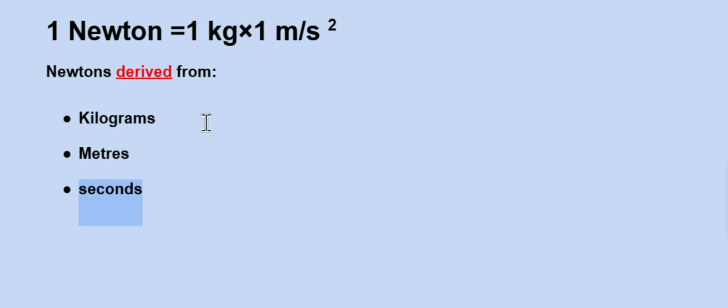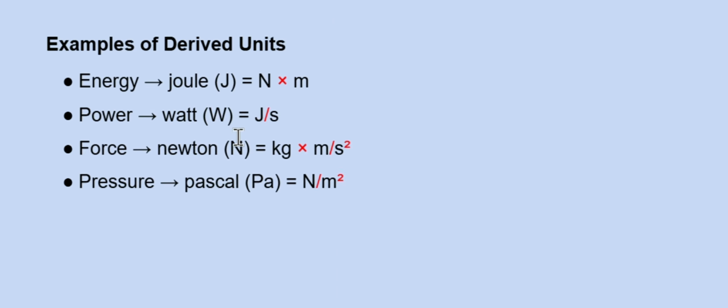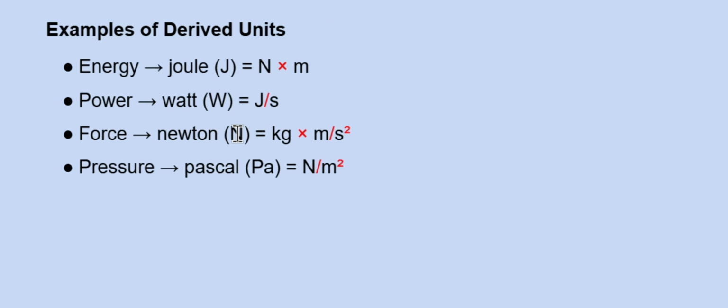Therefore, the newton is a derived unit, whereas these are base units. Okay, a few other examples. You've got energy, which is measured in joules, and to calculate joules, you need to know the newtons and multiply it by the distance in meters, right? Electrical power is measured in watts, that's joules divided by seconds, and we've covered these already.